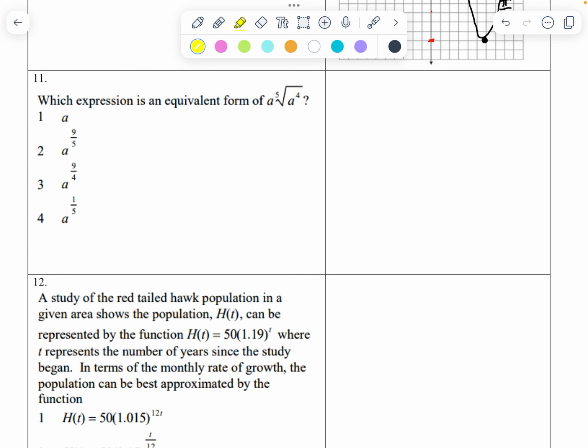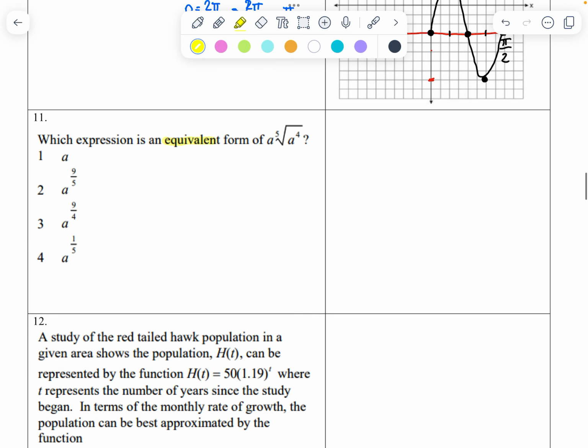Which expression is equivalent? Again, we have another equivalent. If you want, you could do the store. For this one, though, I'm going to show you how to do it without the store. It's a little hard to see what it actually is, but it's a times, and that 5 is not an exponent, it's actually a root.